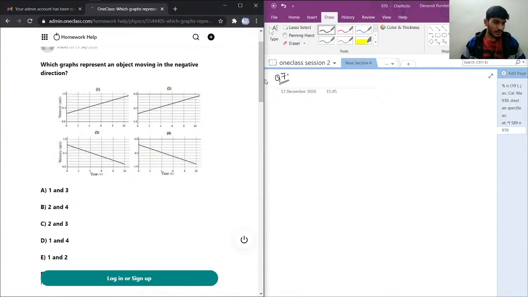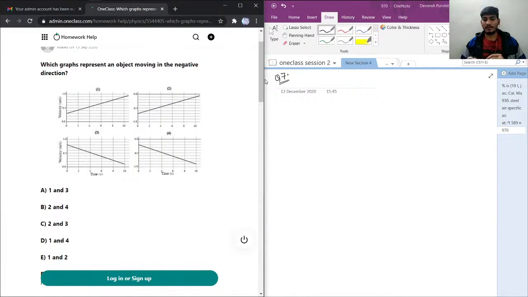So the graph given here is velocity with respect to time. For an object moving in negative direction, we should have the velocity in negative direction.